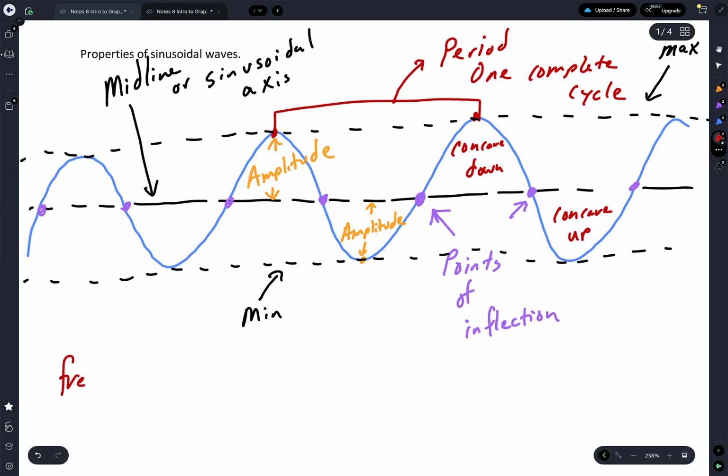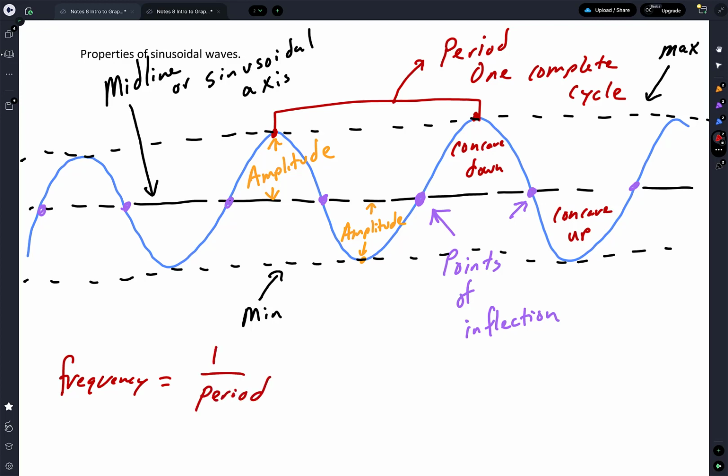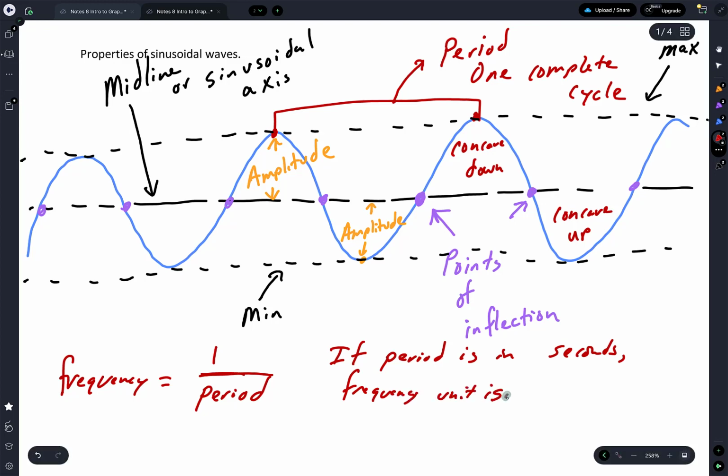Frequency is the reciprocal of period. If the period is in seconds, frequency unit is hertz.